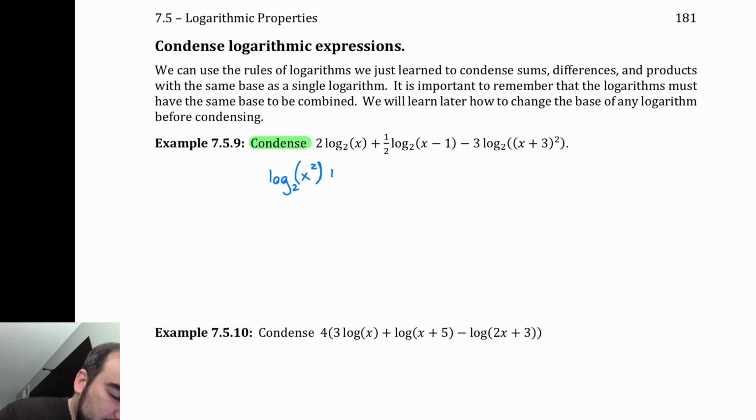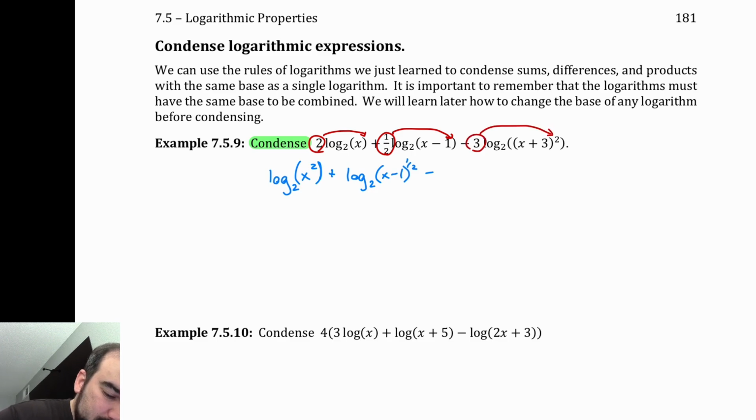And then the 1/2 will go up and be an exponent, so that'll be a log base 2 of x minus 1 to the 1/2 power. And finally, minus this 3 is also going to become an exponent.